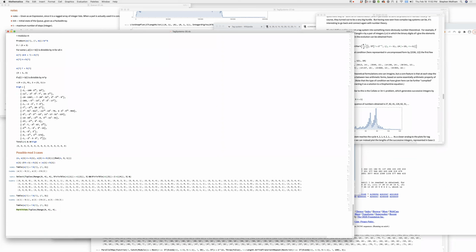And while I'm at it, let's write this for general modulus M. So for general modulus M, that's 2M. Is that 2M as well? I think it is.